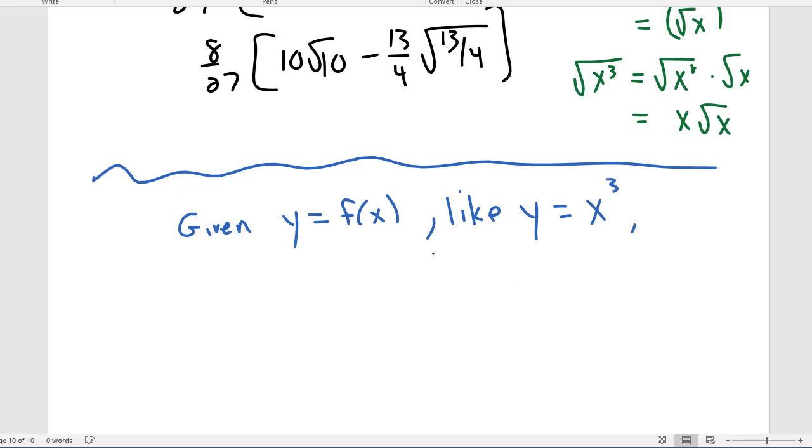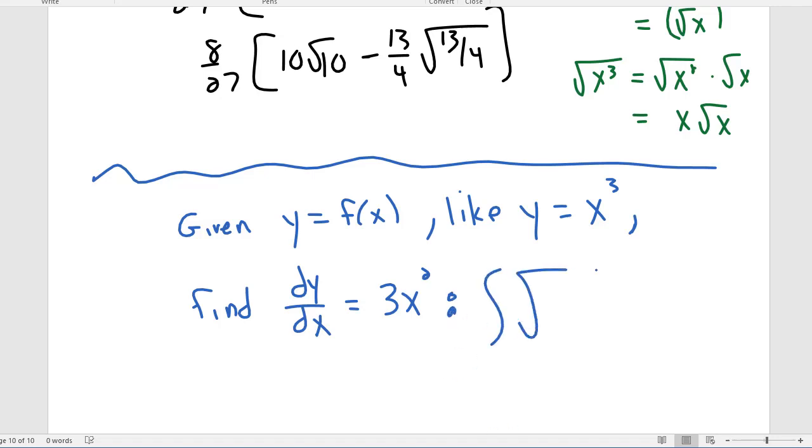Then what we're going to do is find dy dx, which in this example was 3x squared. And then we're going to plug into the integral. We're going to do the square root of 1 plus dy dx squared, and then we're going to use x limits of integration here.